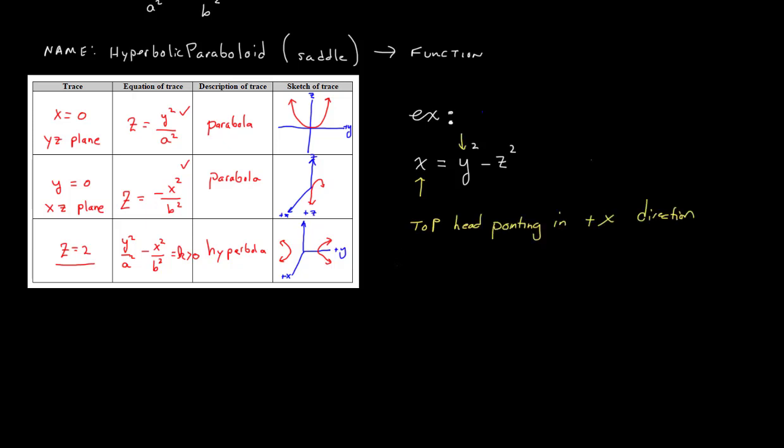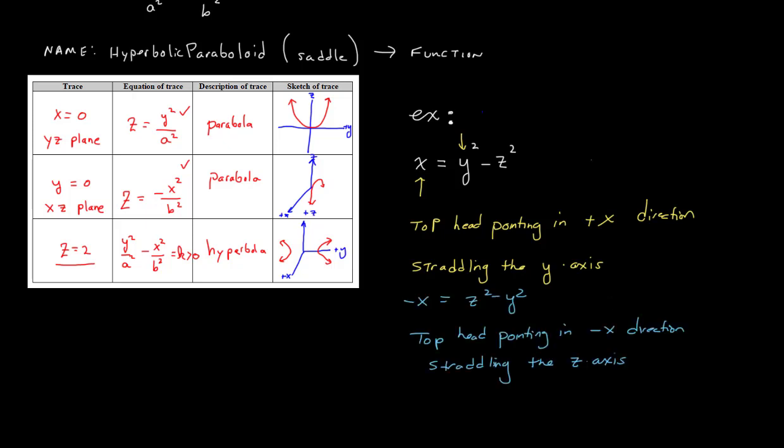And now we look at the positive quadratic term, and so we know we are straddling the y-axis. And remember, every saddle can be sat on two ways, one from the top and one from the bottom. And so we write it like this. The top of the head is pointing in the negative x direction, and you would be straddling the z-axis.